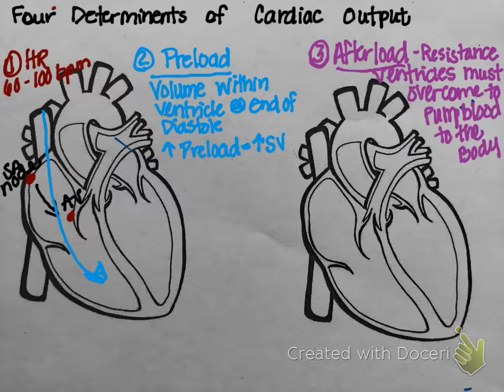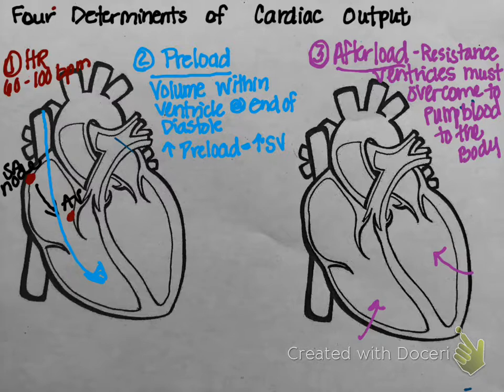So afterload is the resistance the ventricles must overcome. That is why when somebody has long-standing hypertension without medication management, their left ventricle gets bigger, because it's trying to work so hard to get that blood out. And then I just drew the arrows because that's your ventricles, right?